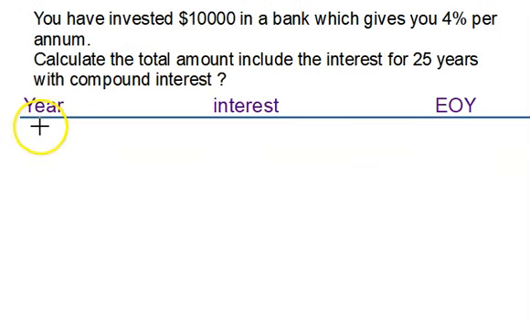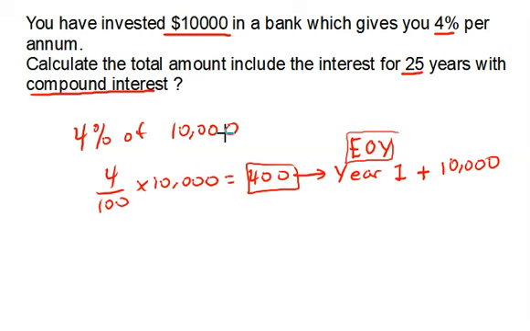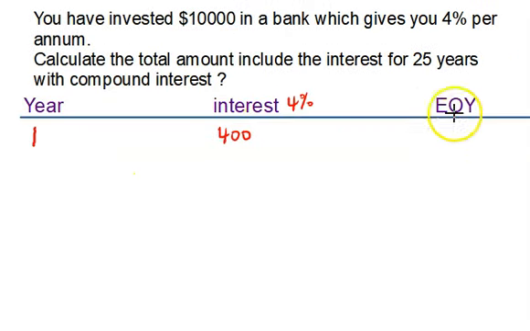Okay, here, this is the first year that you have invested. Interest is the same, it sticks at 4%, and your interest is about 400 from the calculation just now. Now at the end of the year, together with your investment, you have about 10,400.